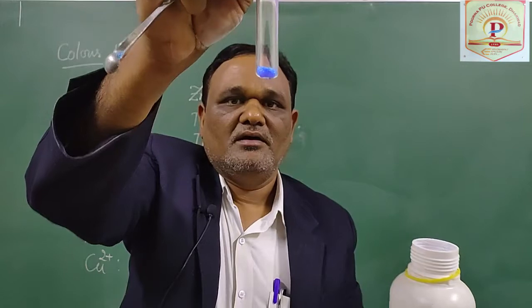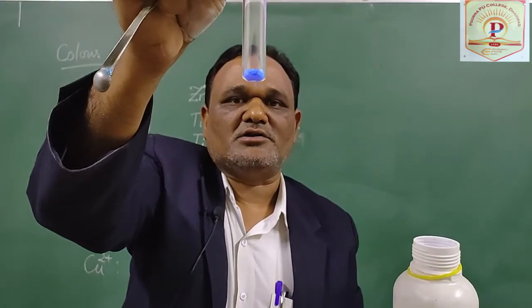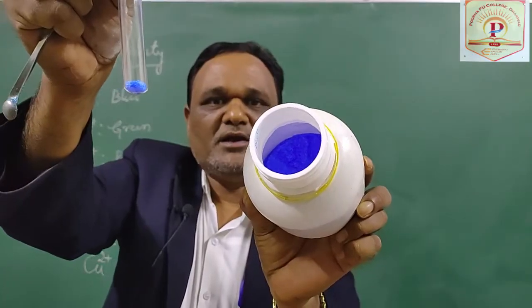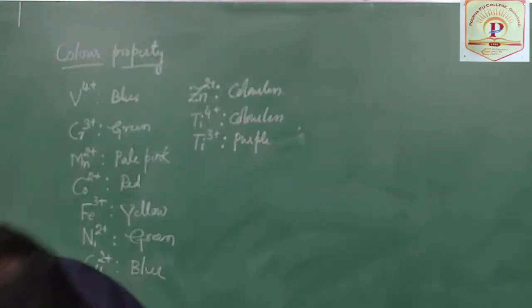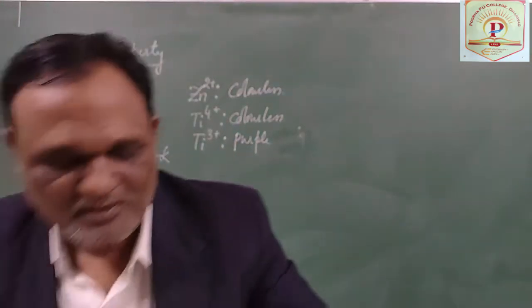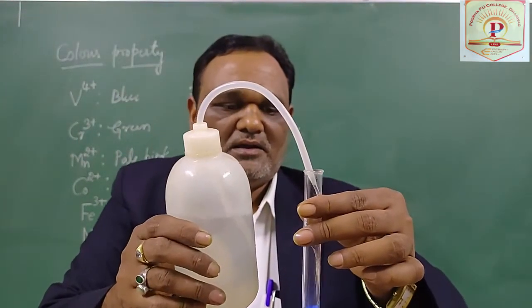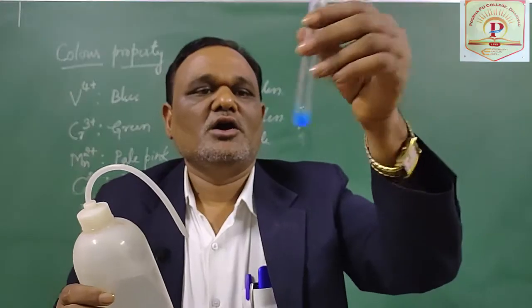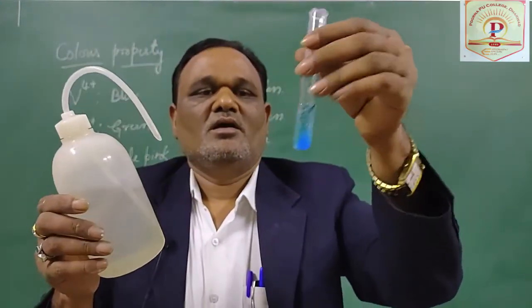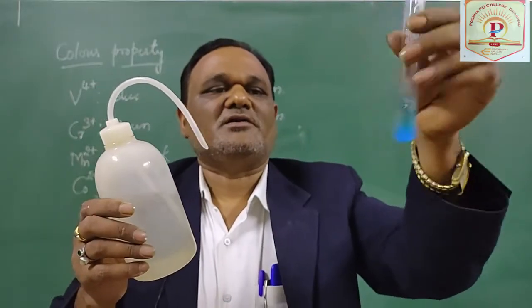You can see the blue color crystals. This is the blue color of the cupric sulfate. When I add it to water, the color will intensify. This is the blue color cupric sulfate solution.